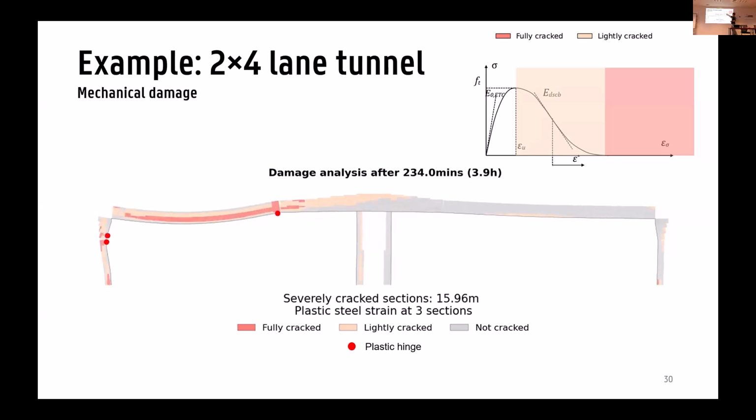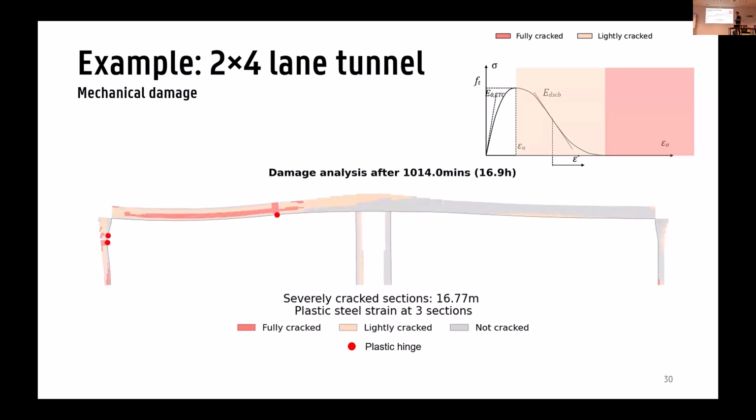So as soon as we reach the maximum tensile strength and we're going into the descending branch, we can label it as lightly cracked. And then if the tensile strains are really high, we can reach a point where we go all the way to the end of the softening branch, and then we get what we call fully cracked concrete. And we can see in the animation how this is changing throughout time in this tunnel.